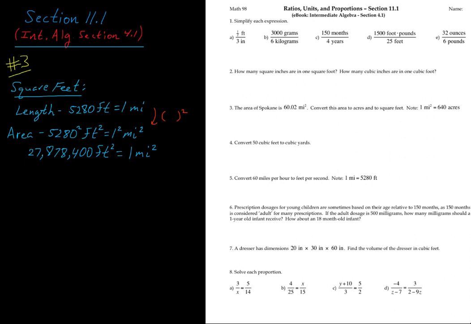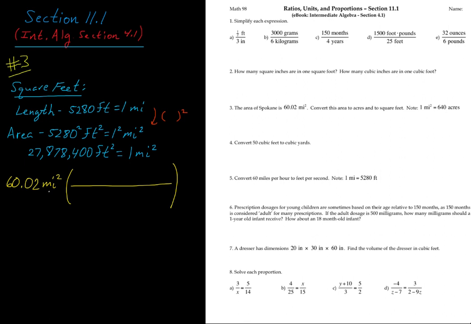So now let's go back to the area of Spokane. This is 60.02 square miles, okay? So now if I want to convert this to square feet, just like in the last problem with acres, I'm going to use a conversion factor here.